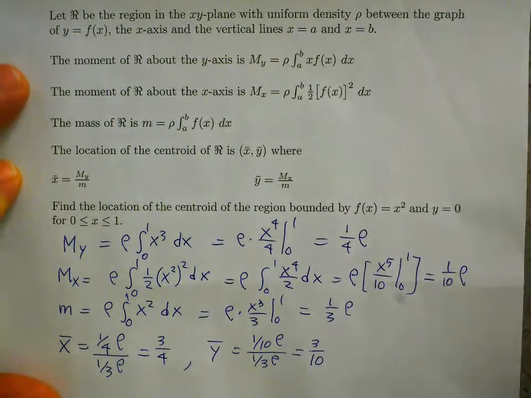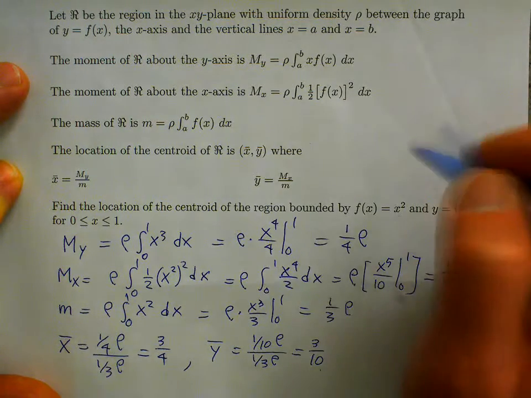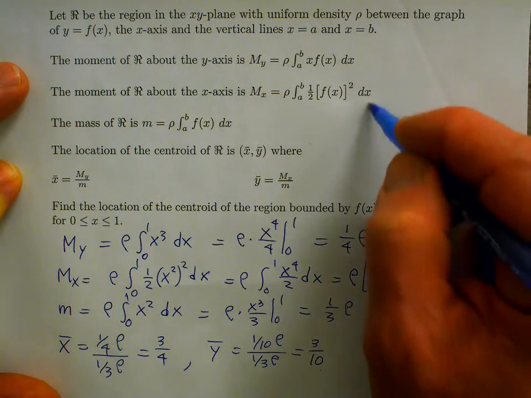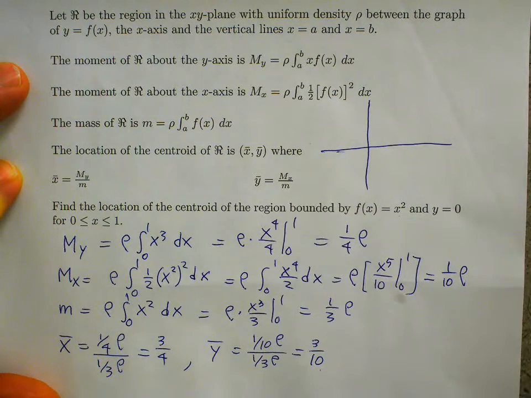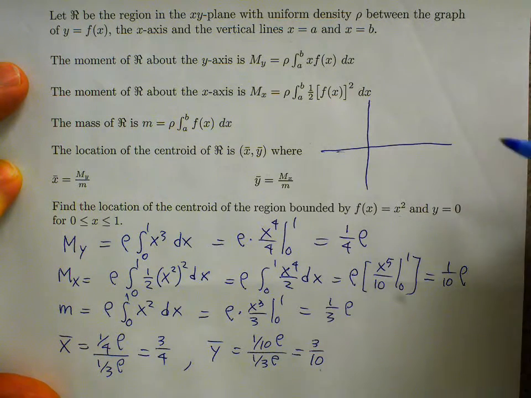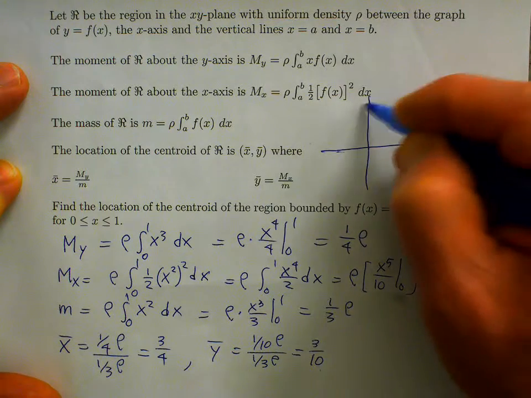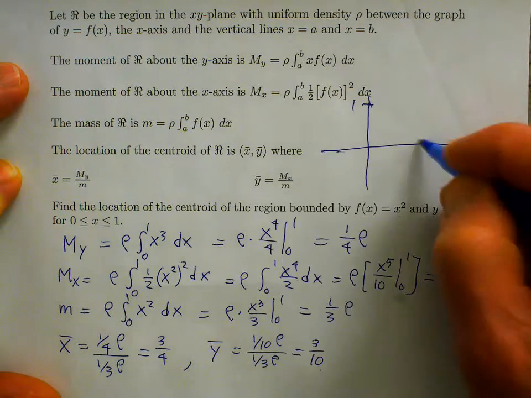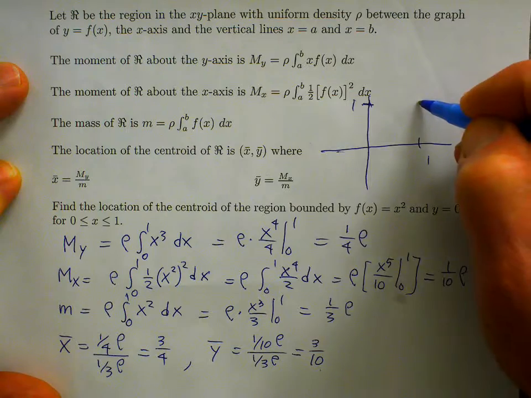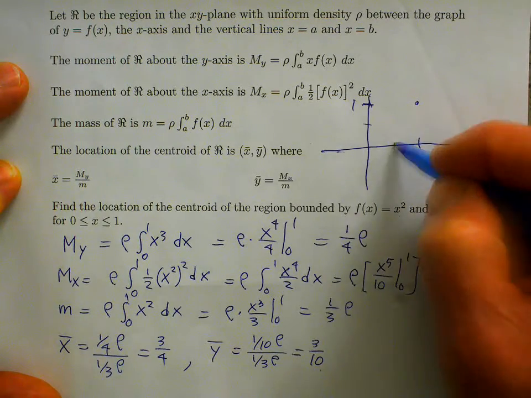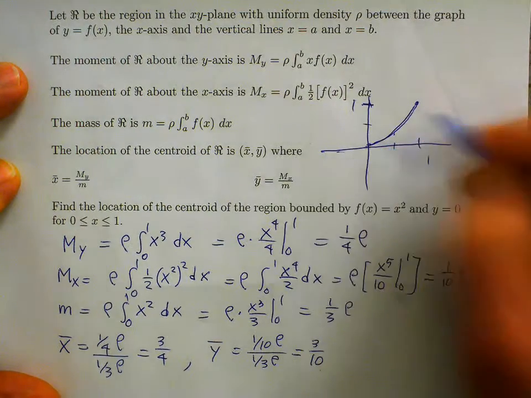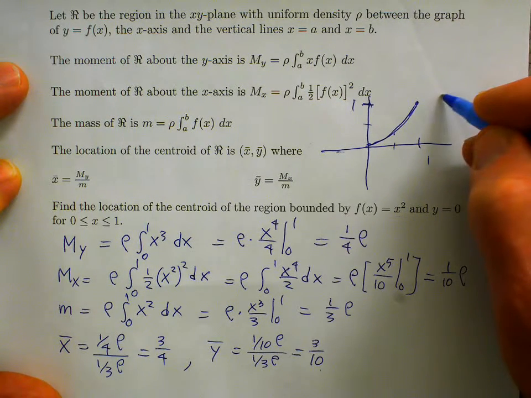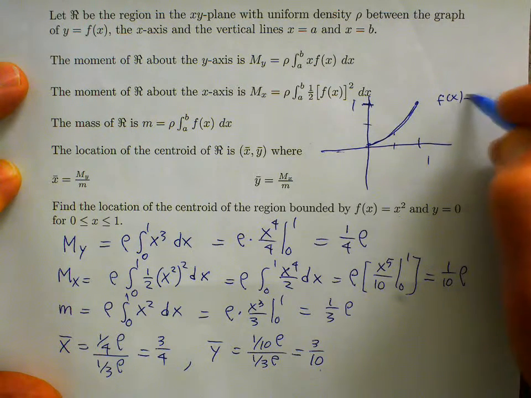So maybe we can sketch a little graph just to see if this is believable. So it's the region below the graph of f of x equals x squared from 0 to 1. So that's a rough sketch of f of x equals x squared.